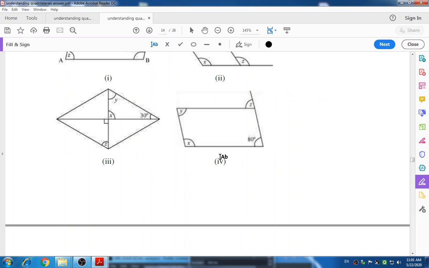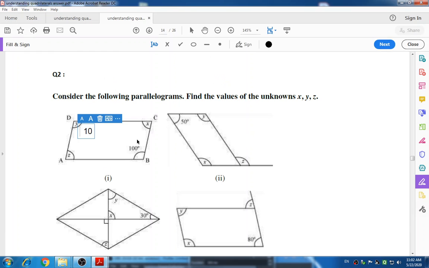In the first figure, angle B and angle D are opposite angles which are equal in measure. So the measure of angle D is also 100 degrees. Angle B and angle C are adjacent angles and they are supplementary.